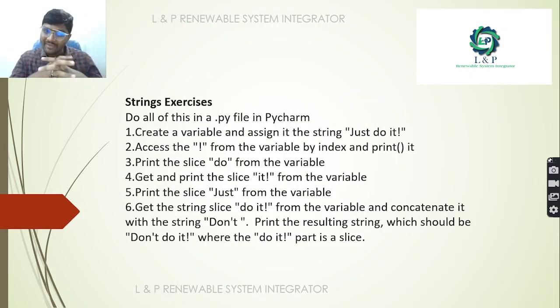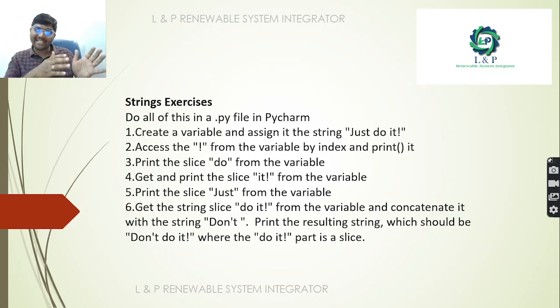Now let us try a string exercise. Let us create a variable and assign it a string, "just do it!". Now let's access the exclamation mark from that variable by index and print it. Then print the slice "do" from the variable, and get the slice "do it" from the variable.